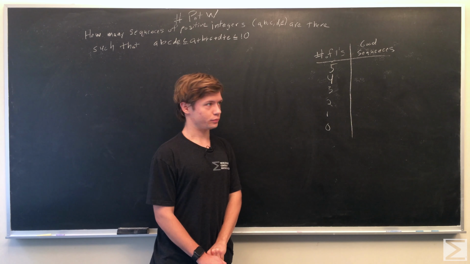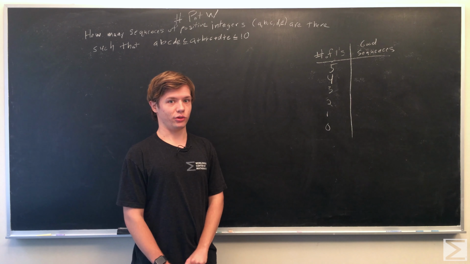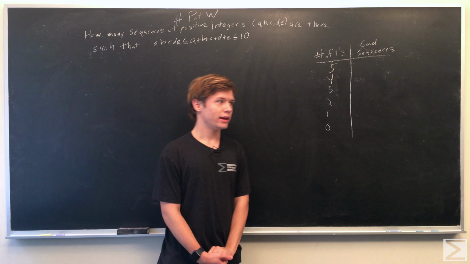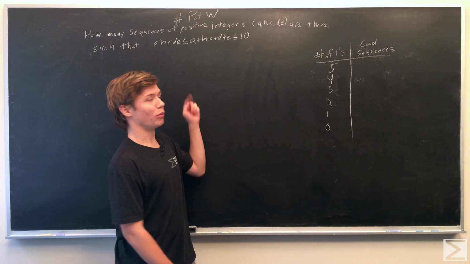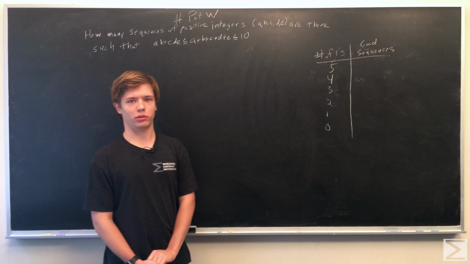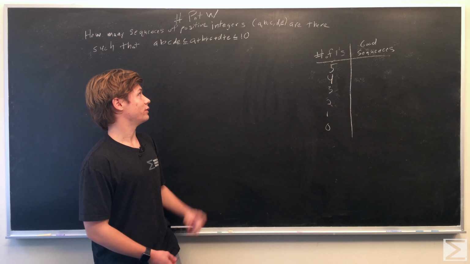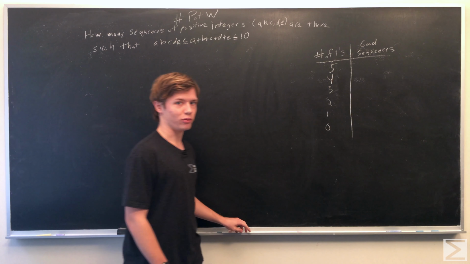There are only 5 integers in the sequence, so there's only one possible sequence with all ones, and it satisfies the requirement because 1 to the 5th power is equal to 1, which is less than 1 plus 1 plus 1 plus 1 plus 1, which is 5, and that is less than or equal to 10. So we have one good sequence with 5 ones.